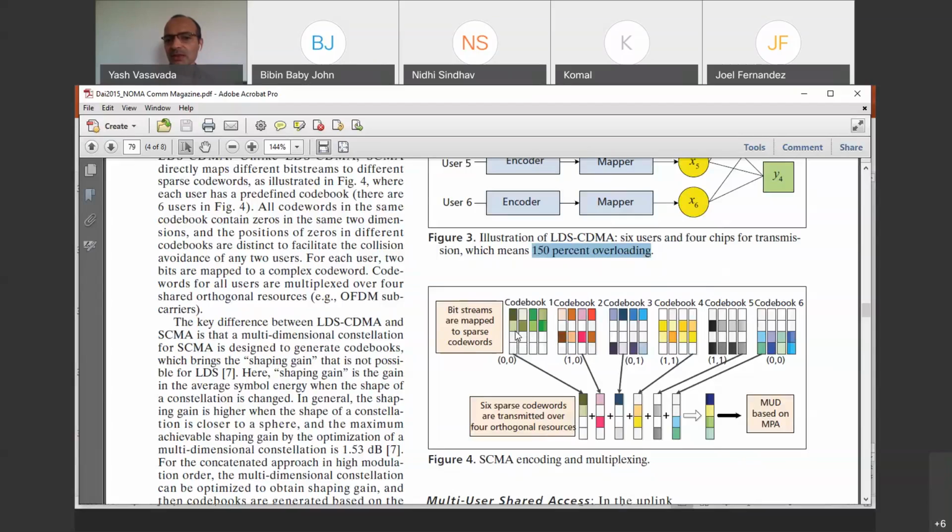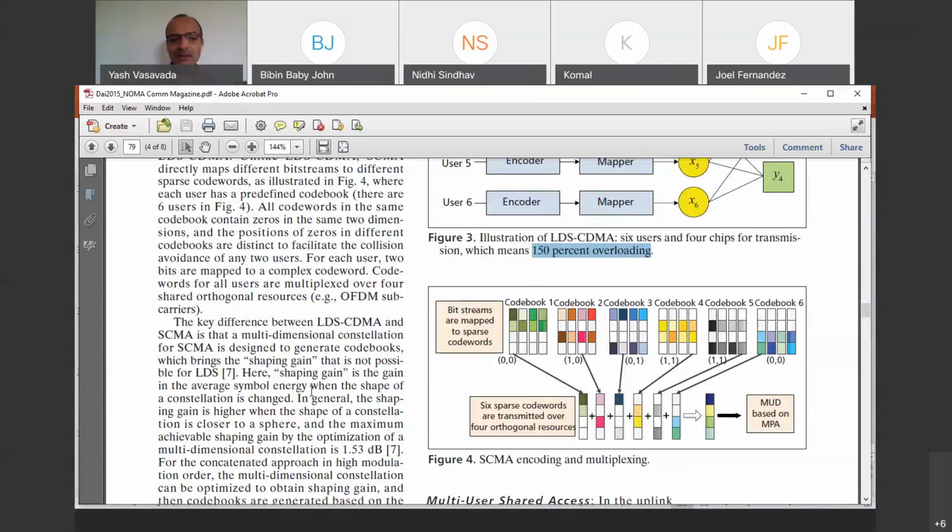And you will see this code word has zeros in the last 2 positions. Any one of these 4 code words in this code book have zeros in the last 2 positions. And so on, 1 0 0 1 1 1 and so on. They have some predefined code books. One of the 4 members of this code book is picked at random, and then it is getting transmitted.